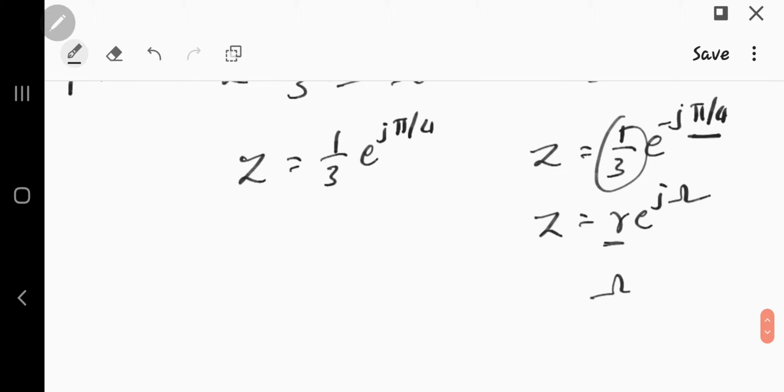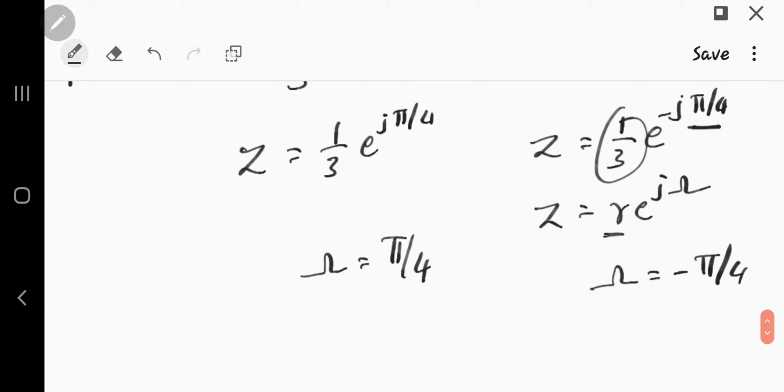So here omega is equal to minus pi by 4 and here omega is equal to plus pi by 4. r is equal to 1 by 3 in both cases.